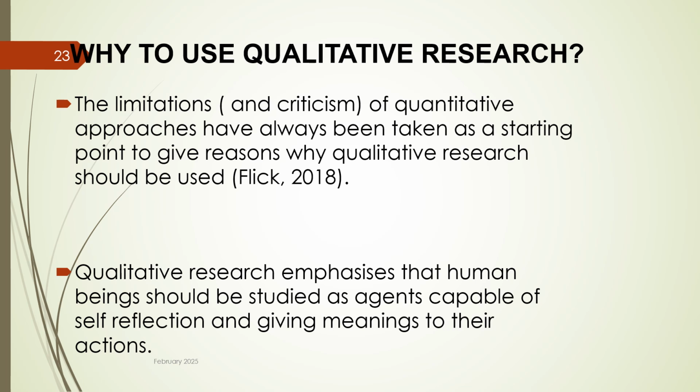Qualitative research emphasizes that human beings should be studied as agents capable of self-reflection and giving meanings to their actions. So, as qualitative research depends on interviewing people to understand their perceptions regarding a particular topic, they consider people as agents capable of self-reflection on a particular topic and giving meanings to their actions. So it depends on the experience of the people regarding the topic under investigation.